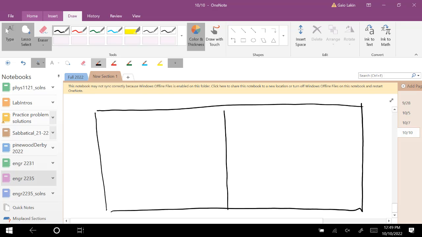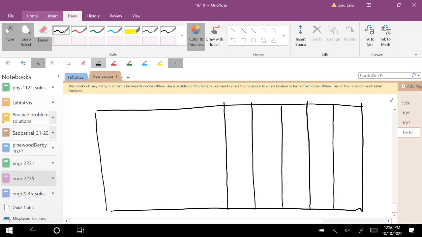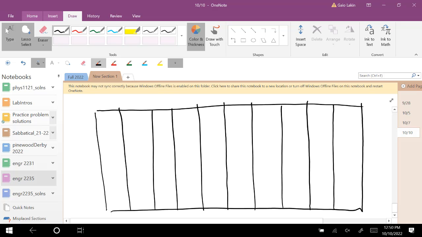So this thing needs to have 10 columns and 9 rows.